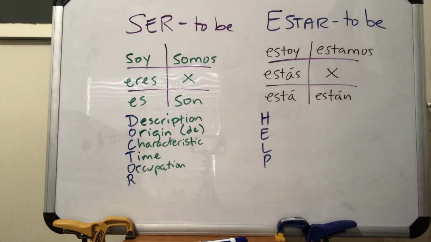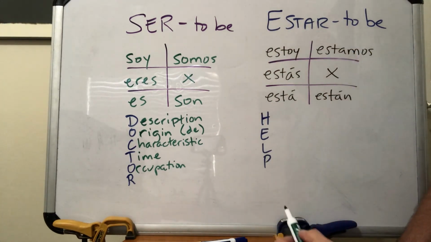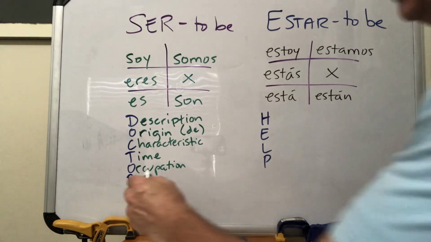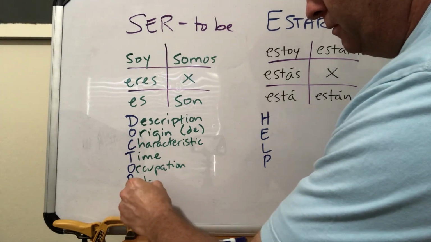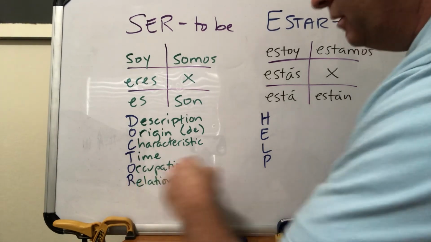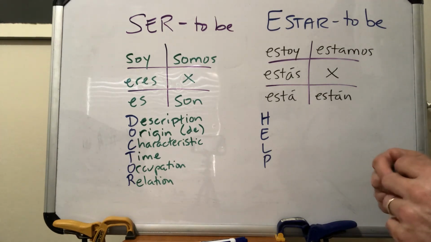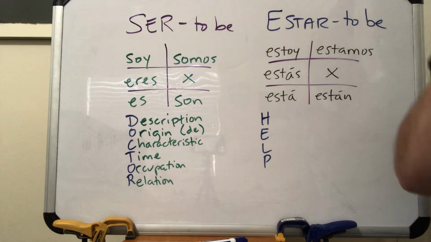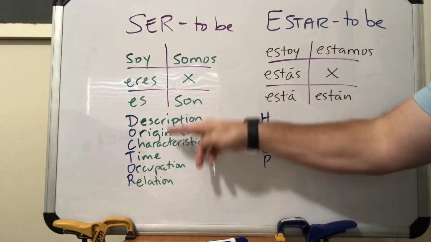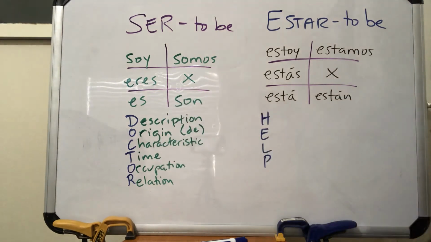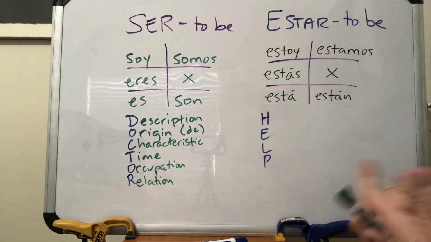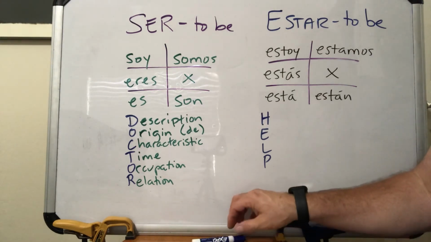Yo soy alumno or estudiante. And the R is relation. He is my son. Él es mi hijo. Okay? All right, so that's the different times you're going to use ser when you're trying to say I am or we are or they are.